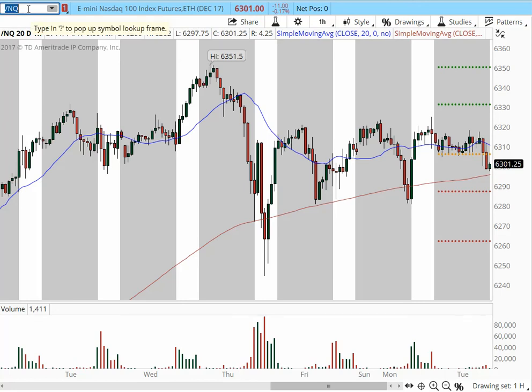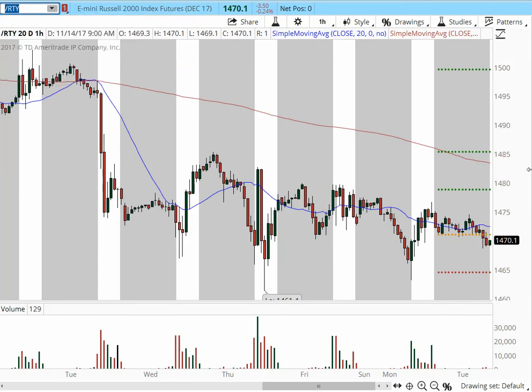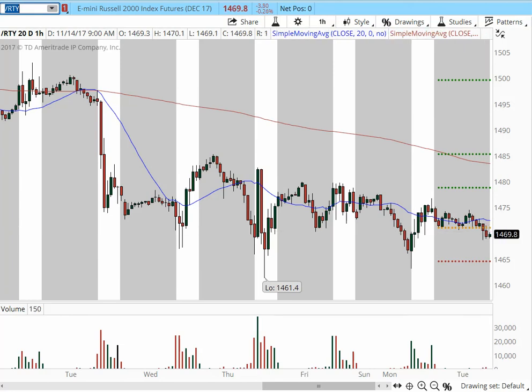One other index that is on our watch list is RTY. And RTY, it is very sideways. It has started, and it's actually continuing to be weak, and it's been more than a month of weakness in RTY.